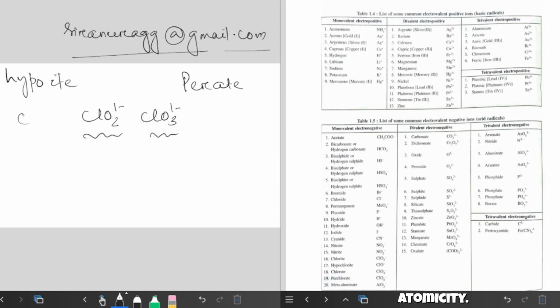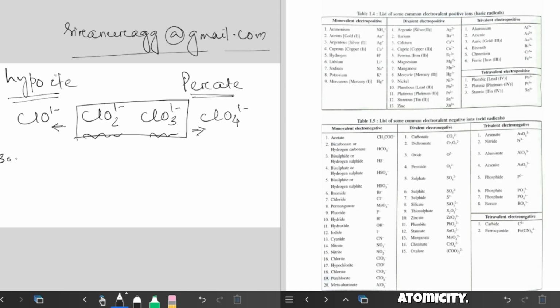Now let me write ClO 1 minus and ClO4 1 minus. You see, these are the lesser number of oxygen and this is more number of oxygen, right? So when it is lesser number of oxygen, the term hypo-ITE will be used. If it is more, then per-ATE will be used.